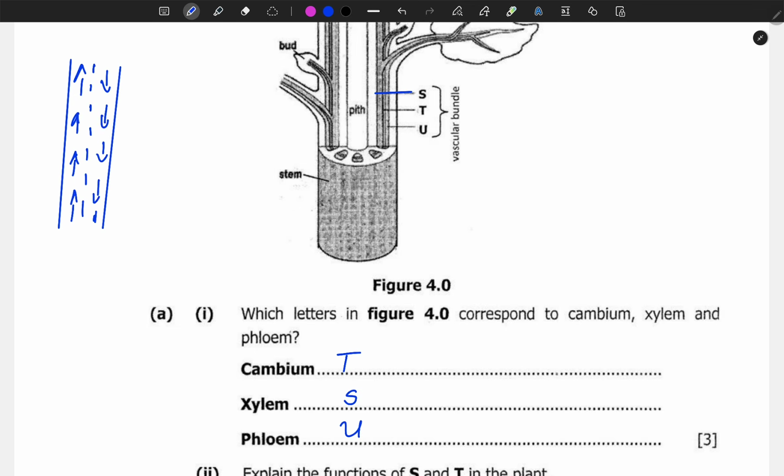To provide order on the road, we need something in between to demarcate this is the lane for going forward, this is the lane for the cars coming back. That part in between is what we call the cambium. I just wanted to give you guys the picture of what a cambium is.